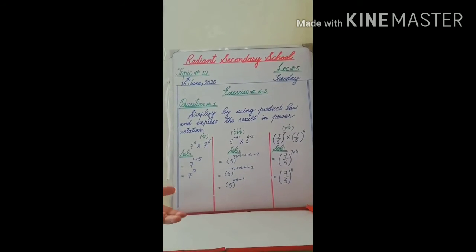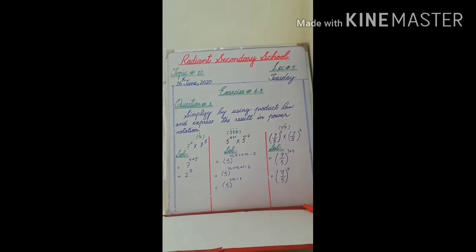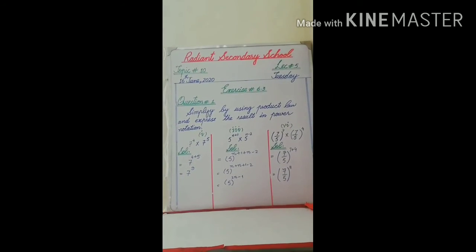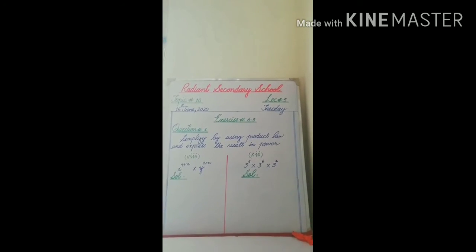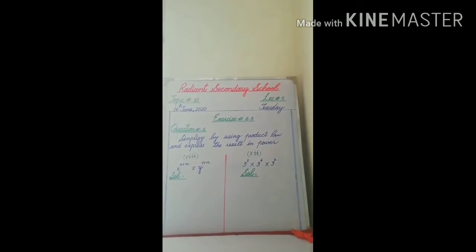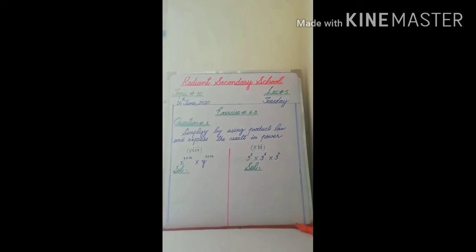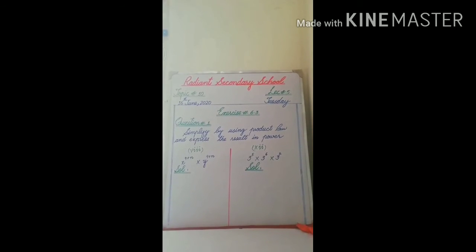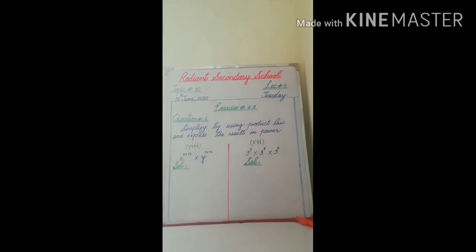Now we move on to the second condition, when our bases will be different and exponent will be same. Okay students, I have written 2 more parts from question number 1, and you can observe in part number 8 bases are different, but in part number 12 bases are again same. So we solve both questions one by one.